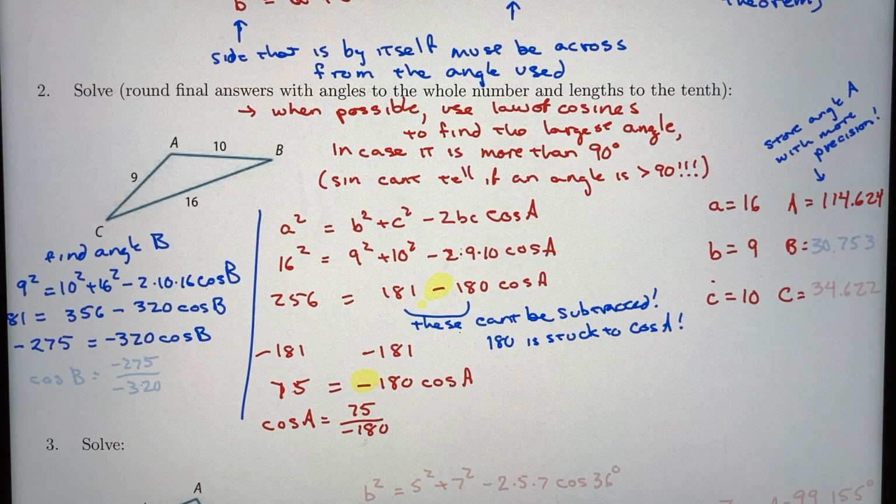Watch your minus signs. Cosine B, B will come out less than 90 degrees if both sides end up negative. You got to watch for all your negatives. Okay, and then B ends up being, and then you can just add A and B together and subtract to get angle C.